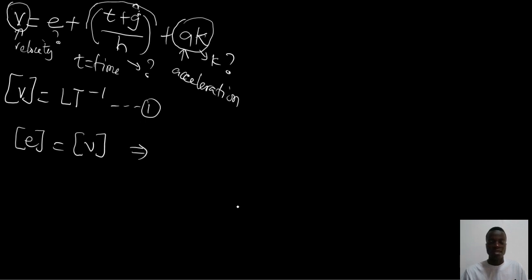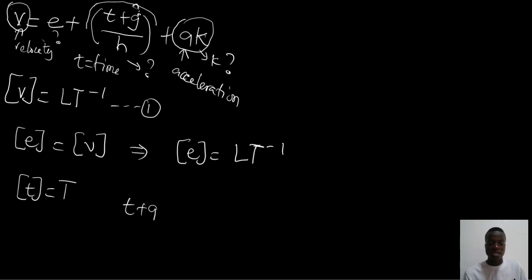So the dimension of E will also be L T to the power negative 1. So we know E already. Now let's focus on G first. The dimension of T is time, so it's T. But you see that at the top we are doing T plus G, so we are adding two things.